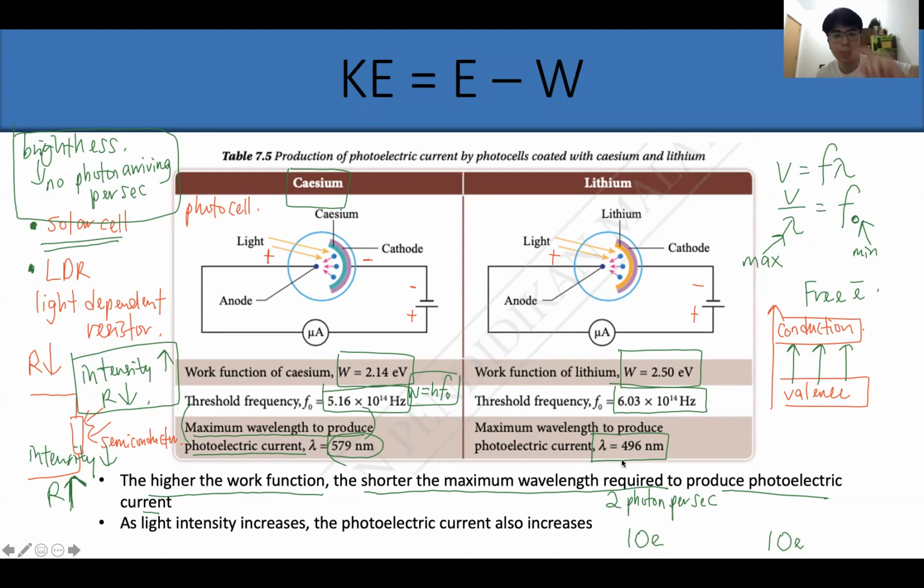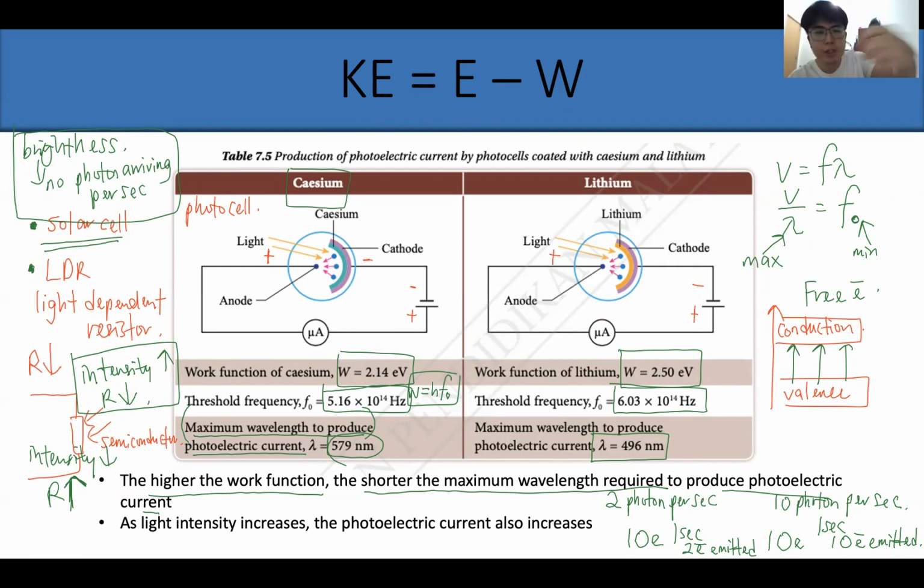So every second, 2 electrons are emitted. But if you increase the brightness, let's say you have 10 photons coming per second, each photon will be absorbed by an electron. So in one second you are emitting 10 electrons. You get more electrons emitted in one second.